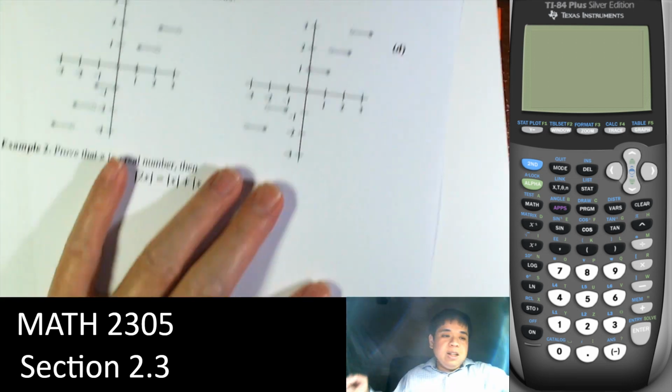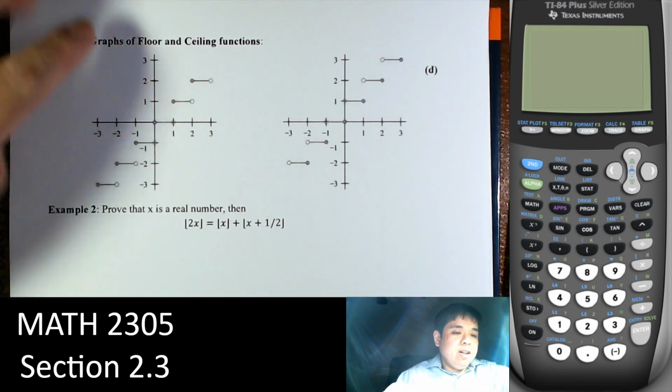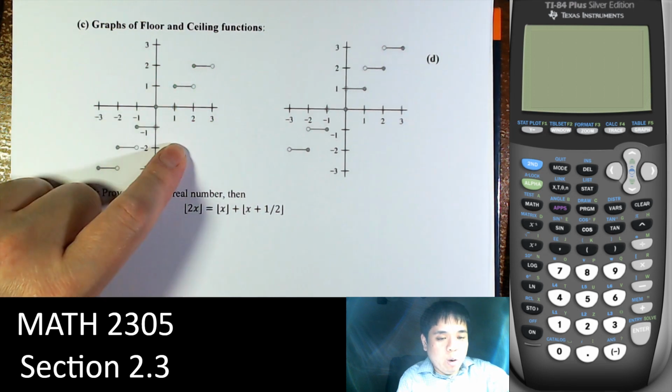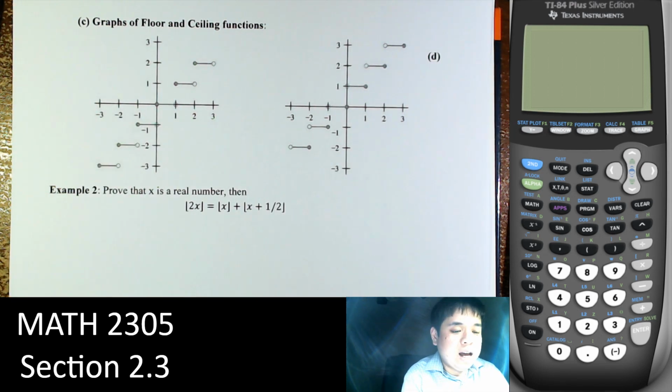So with that, we have the graph of the floor function and the ceiling function. Right. So the floor is round down and the ceiling is round up.